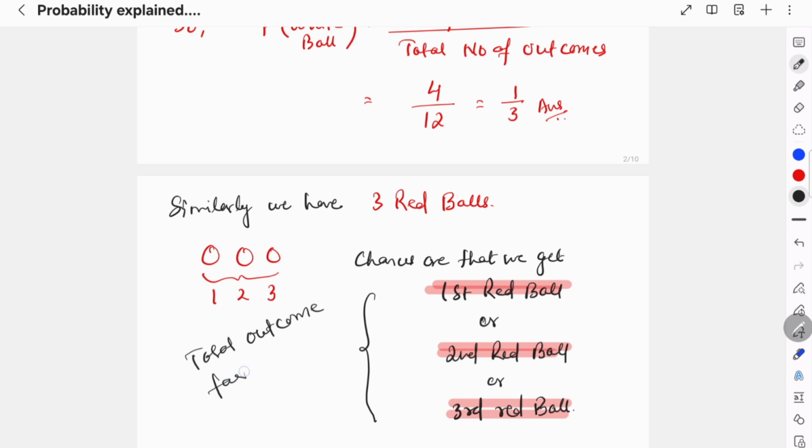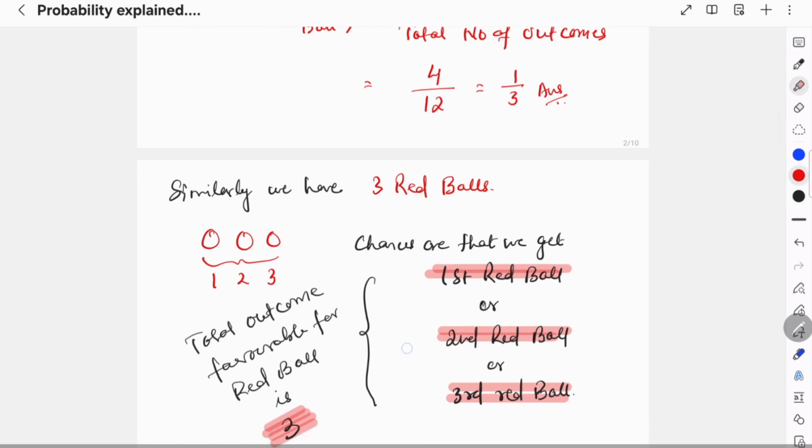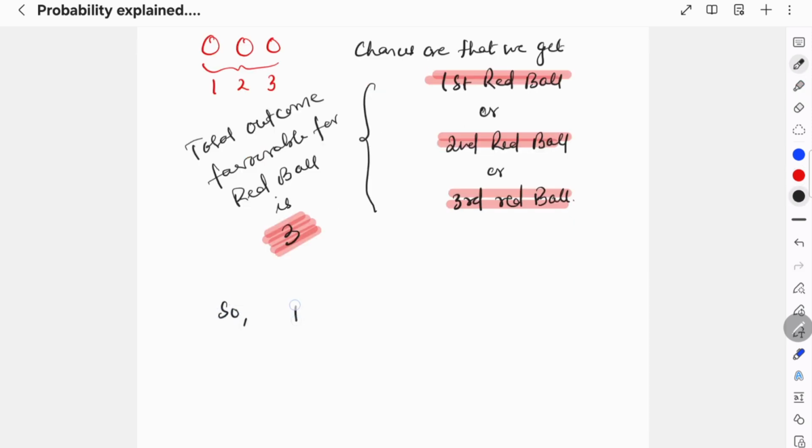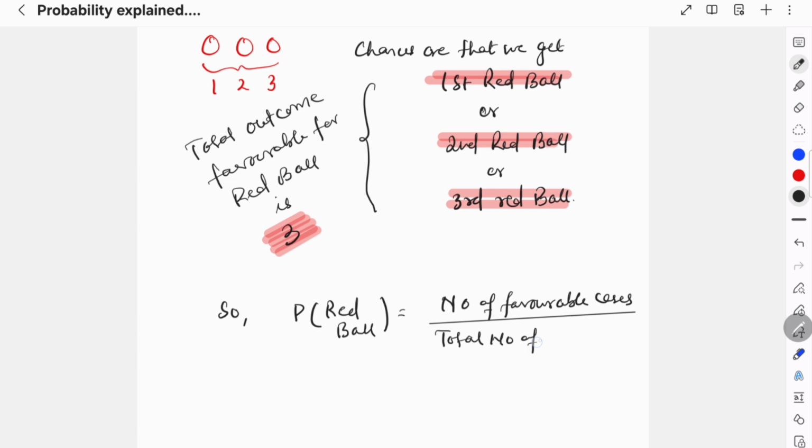The probability of the red balls will be the number of favorable cases for red balls divided by the total number of cases. That is 3 divided by 12, so this will become 3 by 12, that is 1 by 4. So this is our answer.